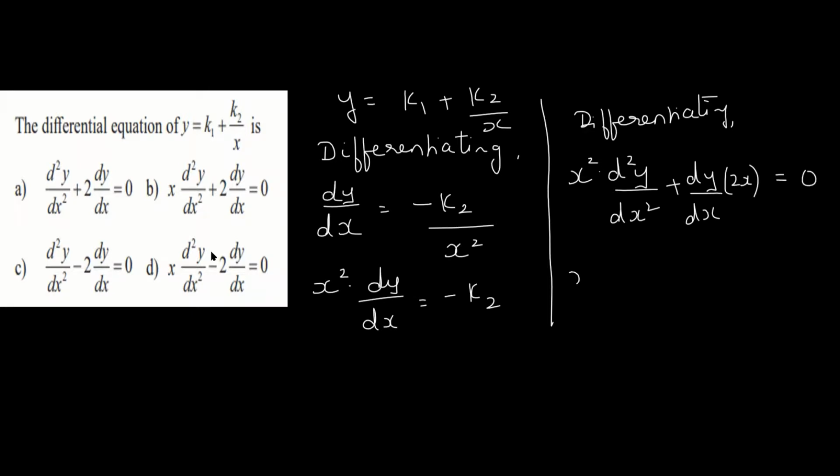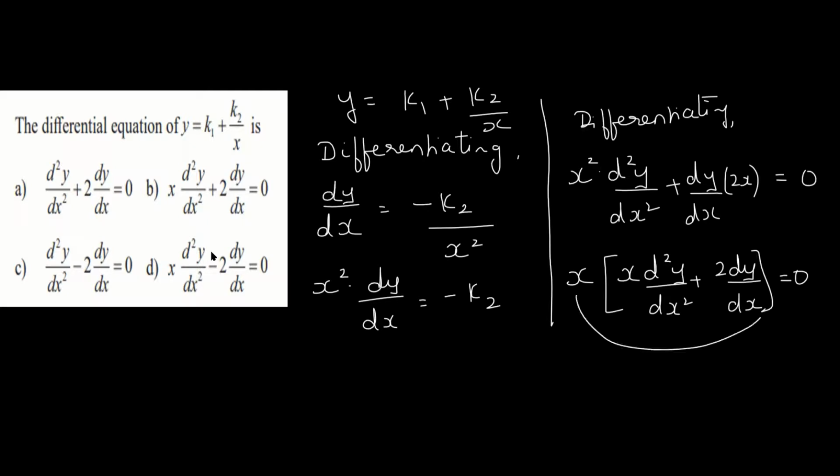So we take x common over here, x into x d2y by dx2 plus 2 dy by dx, because x has gone out common, is equal to 0.